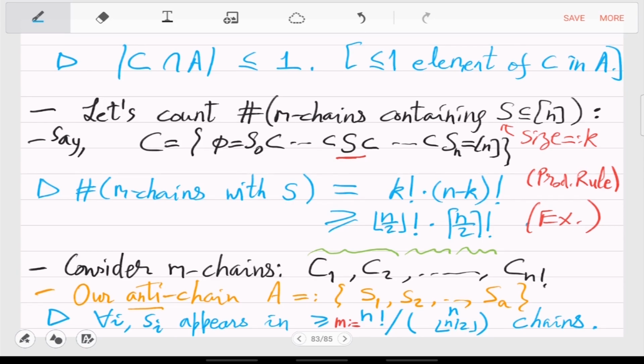Yes, but still maybe the last chain is missing. That's possible. But it's okay. In the number of green parts calculation, the n factorial that I'm getting, you will get something smaller like n factorial minus 1. So that is fine.